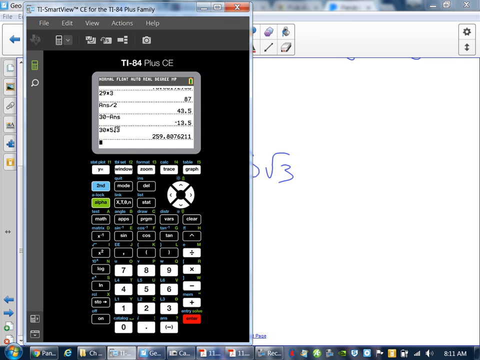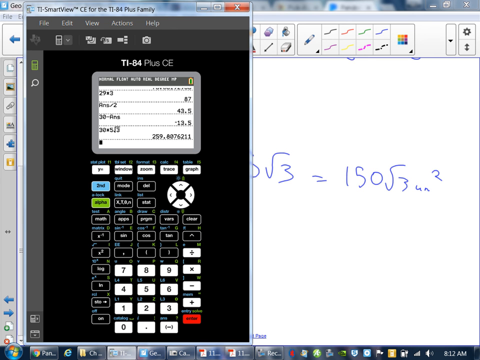Sometimes your calculator might even just do this, because that's also the right answer. You don't really care, because you're going to be within a few decimal points of what I'm writing. Sometimes the calculator will give it in terms of the root, sometimes it won't.